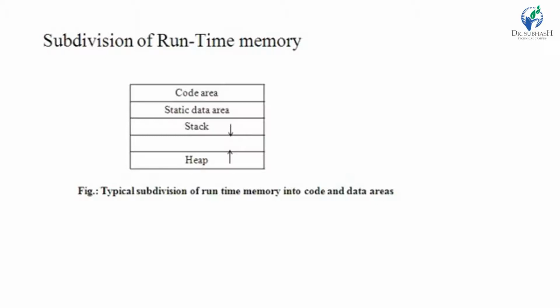The amount of memory required by the data objects is known at compile time, so data objects also can be placed in a statically determined area of memory. It uses stack and heap. I show this memory in this figure.